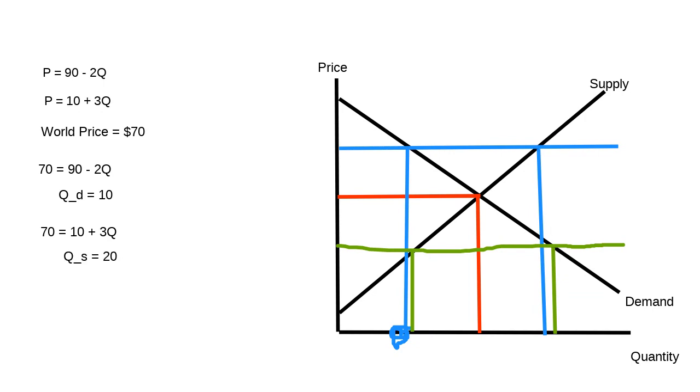So what scenario do we have here? We have the scenario where quantity supplied is greater than quantity demanded. So we're going to be exporting. And that also must mean that the world price of 70 is greater than the closed economy equilibrium price. So exports will equal quantity supplied minus quantity demanded, assuming that quantity supplied is greater than quantity demanded.